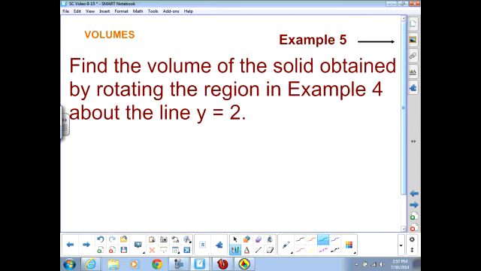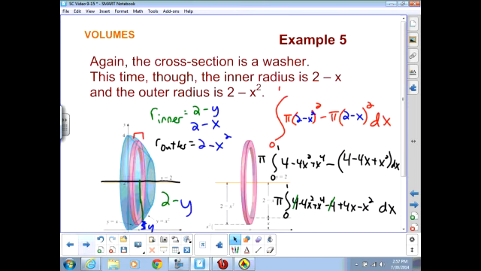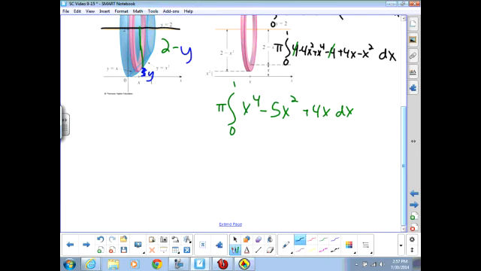And this is just a regular integral now. We'll keep the pi out front. We'll have x to the 5th and have 1/5 in front of it. We'll have x to the 3rd. We'll have minus 5/3 in front. And we'll have x squared. We'll have to multiply the 4 by a half, so we'll get 2. And that'll be evaluated from 0 to 1.